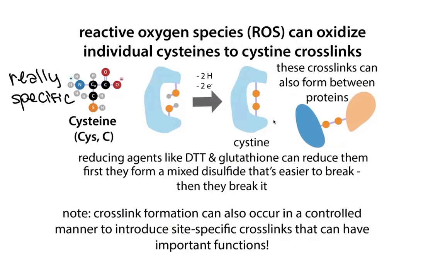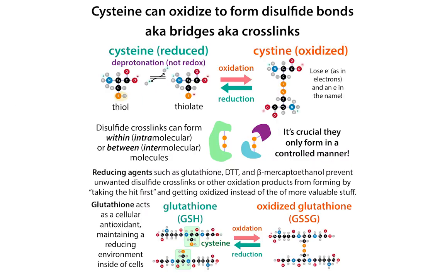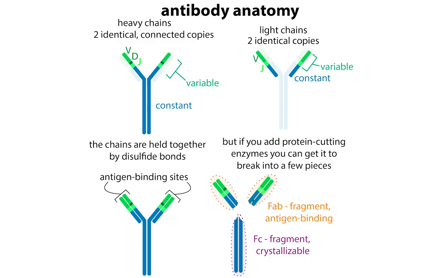Cysteine crosslinks can play important roles, not only within the same protein, but also between different proteins. So you might see them help hold dimers together, but we'll see also that a lot of dimers aren't actually going to be held together through crosslinks, but some of them actually are. And you'll see examples of the ones that are, for say things like antibodies, where the different chains are going to be held together by these cysteine crosslinks.